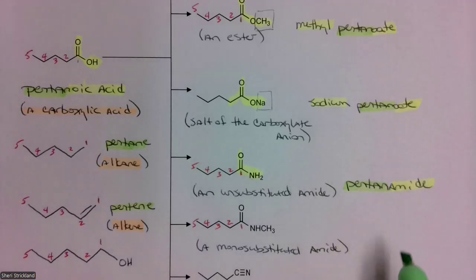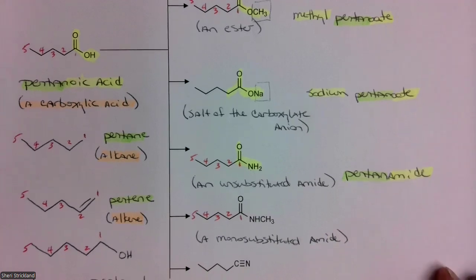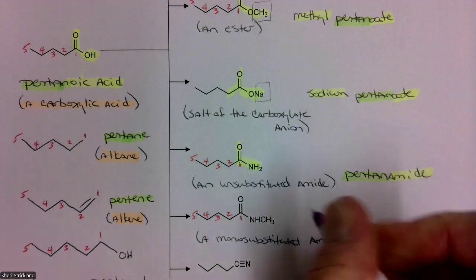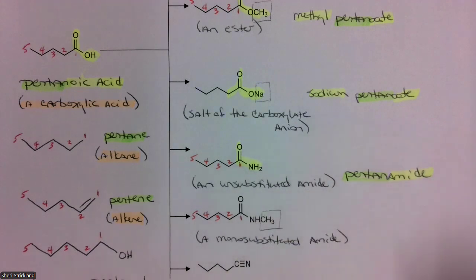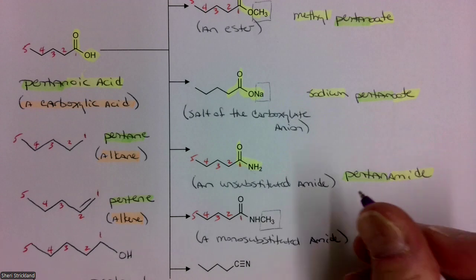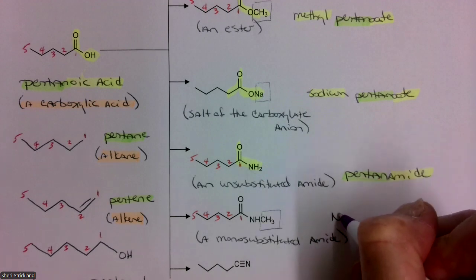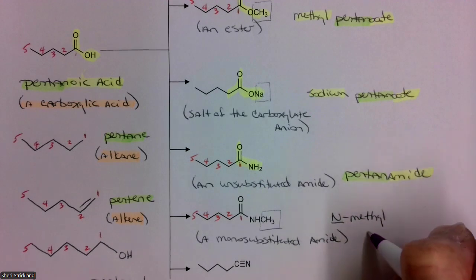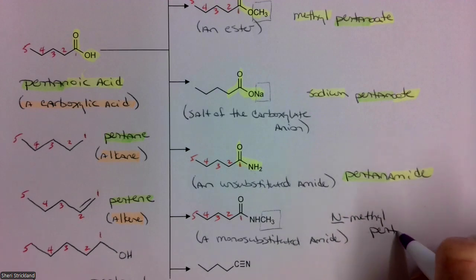AN and then AM for pentanamide. If you have something attached to the nitrogen, then it comes first, just like we saw with esters or with carboxylate salts. This guy is N-methyl, and then a space, pentanamide.